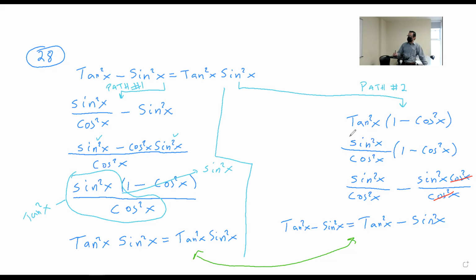So what I'm doing now is that this factor here, I'm multiplying it by each of these. Sine squared over cosine squared times 1 is sine squared over cosine squared, and then times cosine squared, we just multiply and then eliminate.